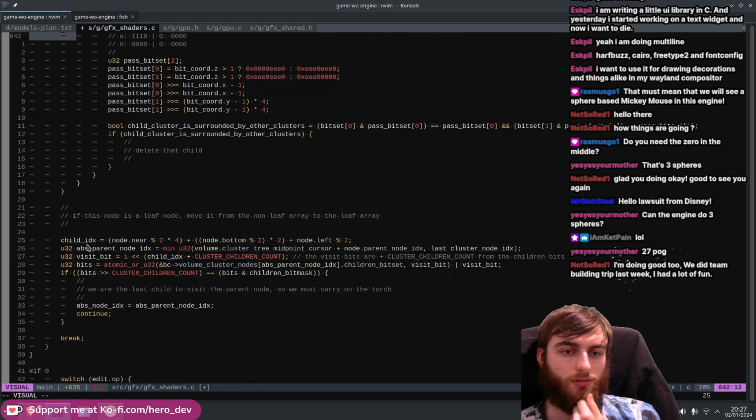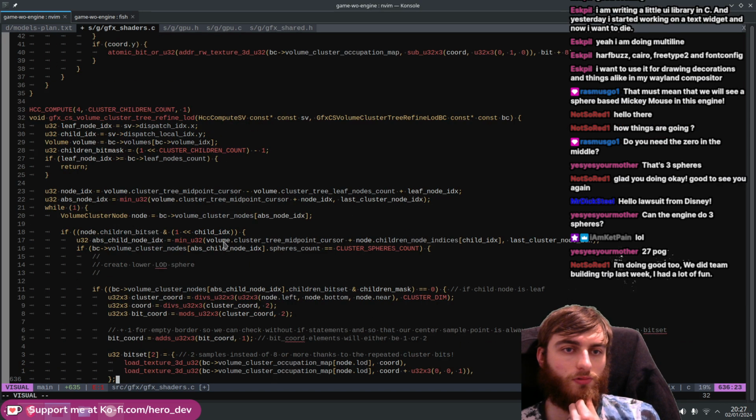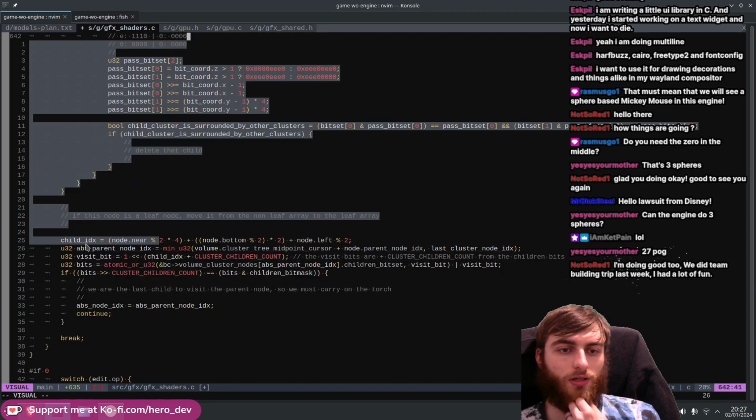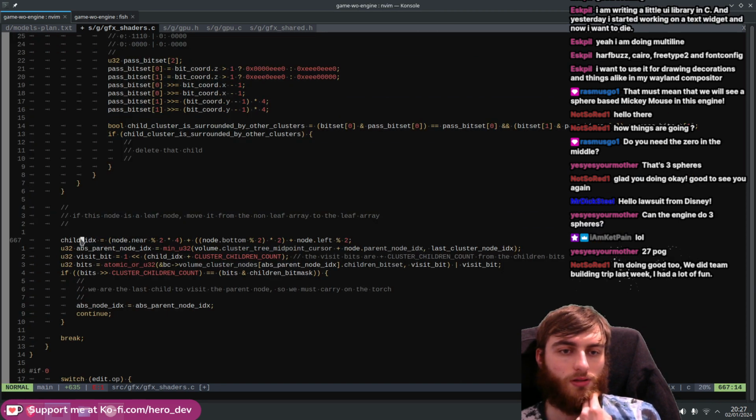Okay. Child index equals mod. Is that true? Right, so we're updating the child index here. So given the current node, that works out the child index within the parent. Okay.